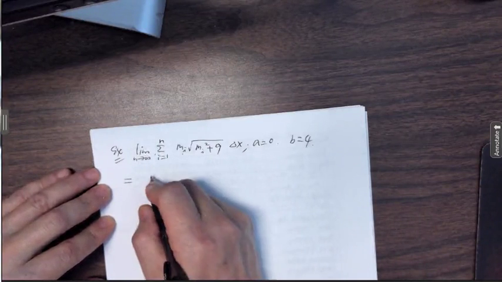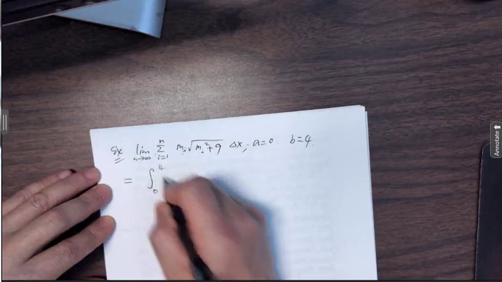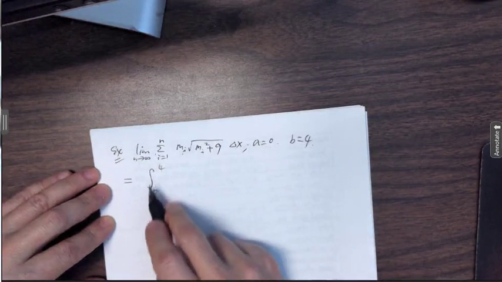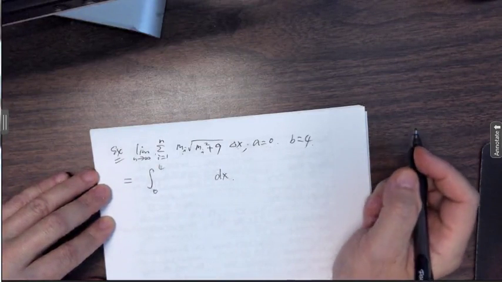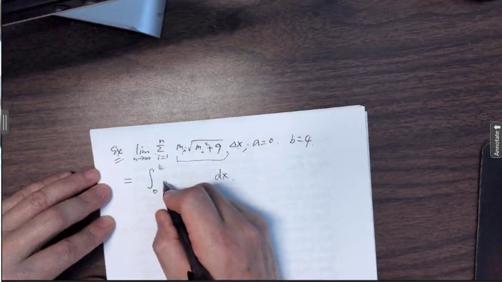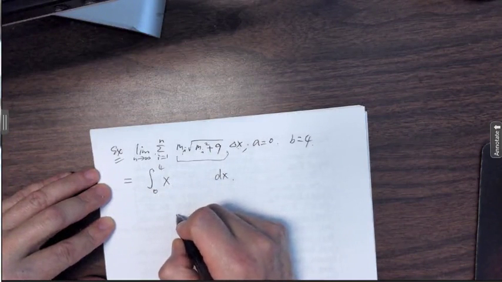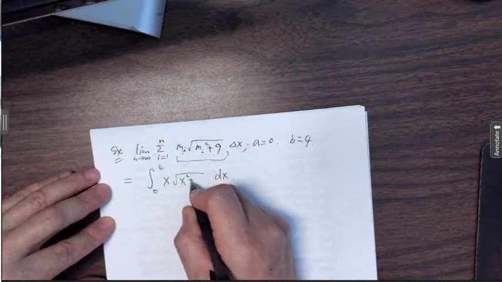The limit summation becomes integration from 0 to 4. That's a, that's b, 0 to 4. The delta x is dx. The main structure is our function or integrand here. So the midpoint turns to x, the midpoint turns to x.